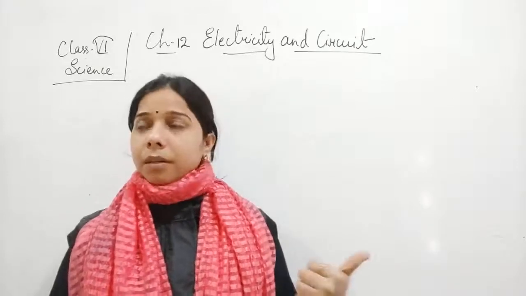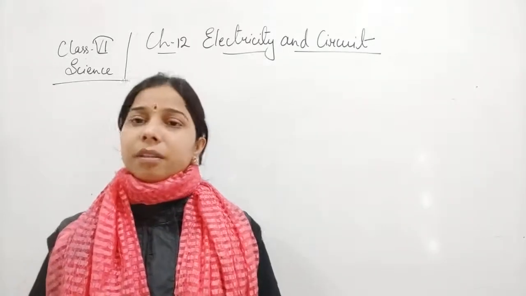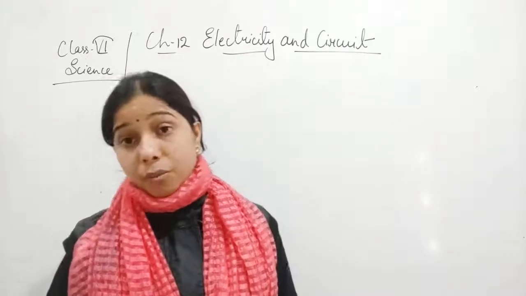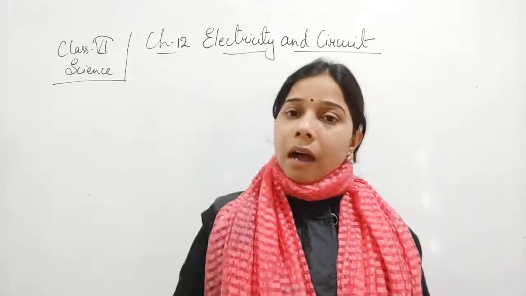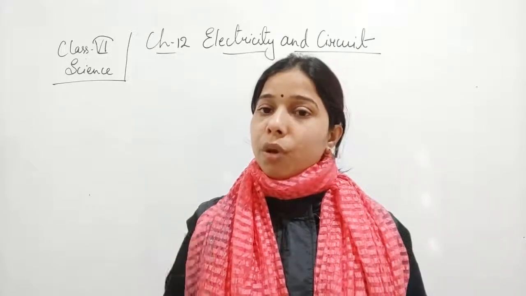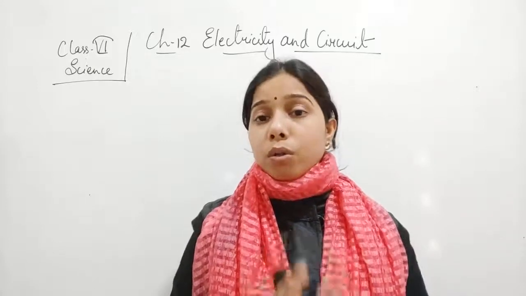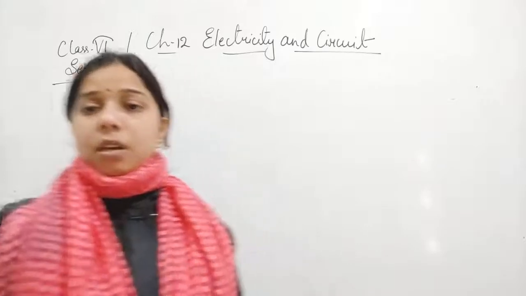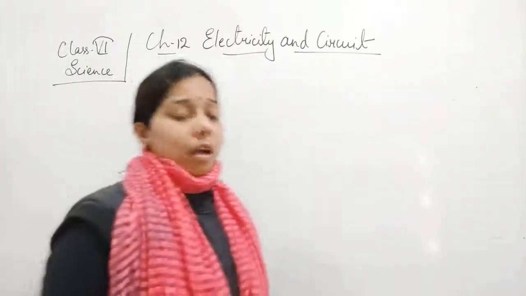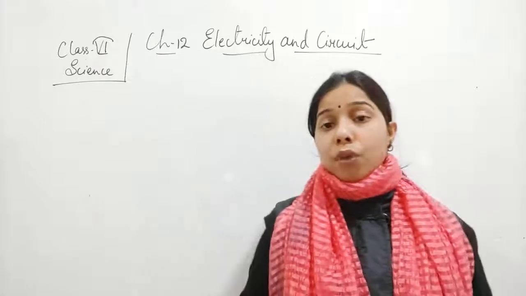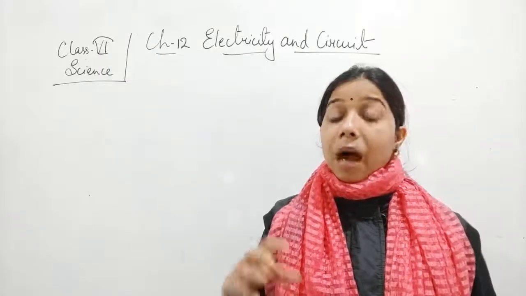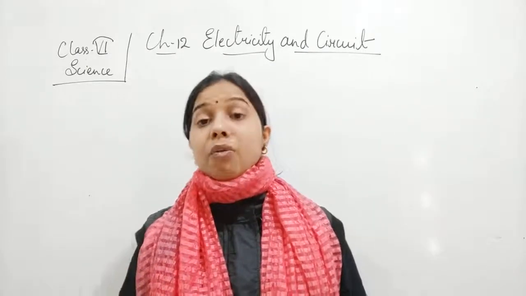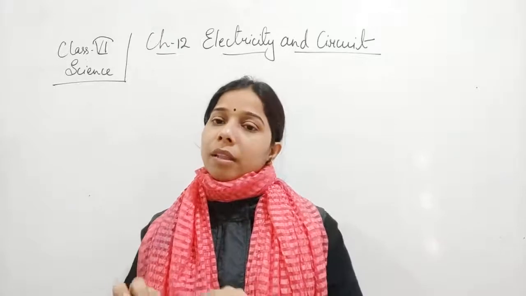Now what are the causes of the filament of the bulb being broken? It can be natural wear and tear, and because of that the filament gets broken, or if a high amount of electricity flows through the bulb, that will also cause a broken filament. Okay students? So when a higher current flows through the bulb, the filament of the bulb will melt, and due to which the filament breaks.